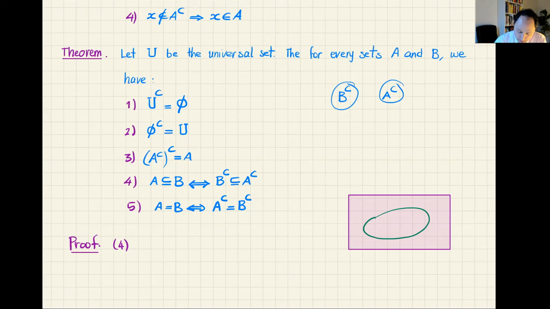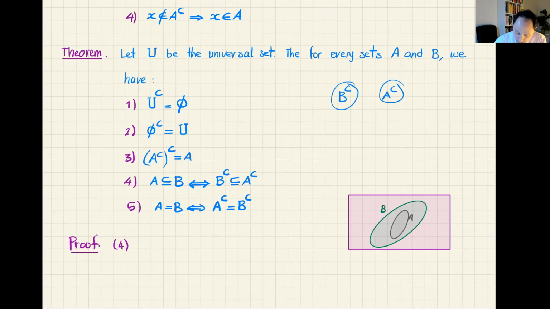So let me draw this to be my set B. Yes, this is B, and then let me draw another one inside that, which is A. So here you see that I have respected that A is a subset of B. But when I say B complement, it means outside B. So I can draw it with a different color.